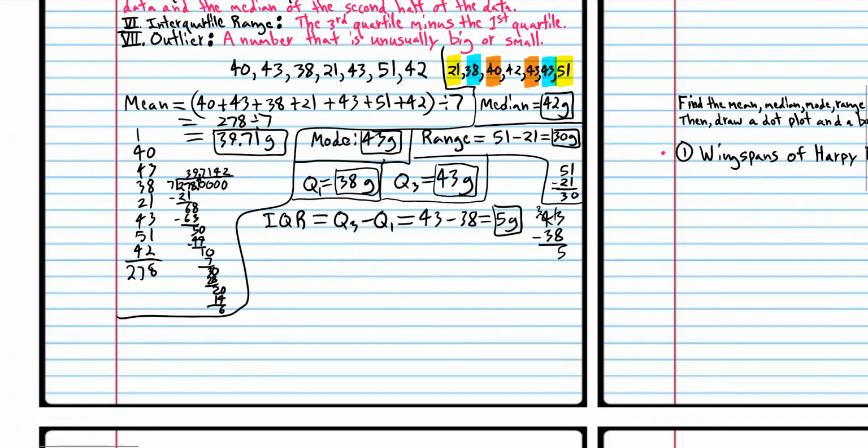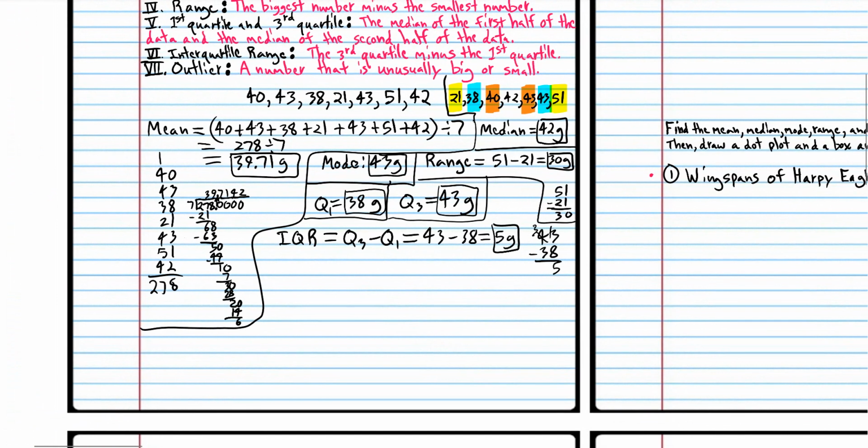The interquartile range takes the middle part of the data, cuts it out, and finds the range of that middle part. The reason the interquartile range is important is because it gets rid of outliers. For example, if you had an outlier of, say, 100 grams over here, the interquartile range takes the range of the middle numbers and ignores this outlier.